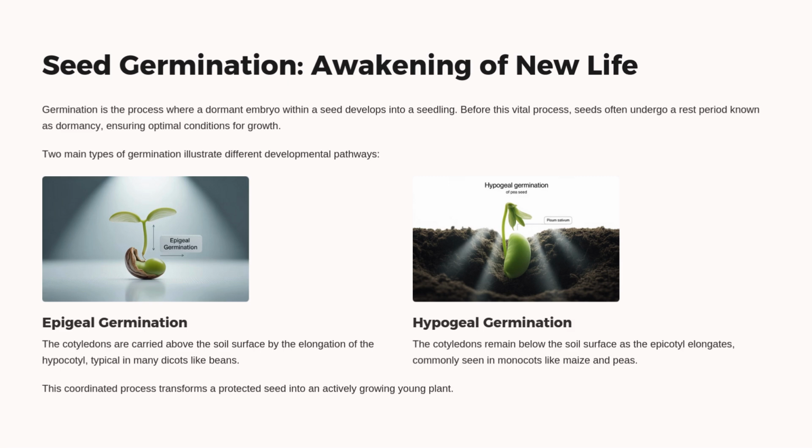The cotyledons are carried above the soil surface by the elongation of the hypocotyl, typical in many dicots like beans. Hypogeal germination. The cotyledons remain below the soil surface as the epicotyl elongates, commonly seen in monocots like maize and peas. This coordinated process transforms a protected seed into an actively growing young plant.